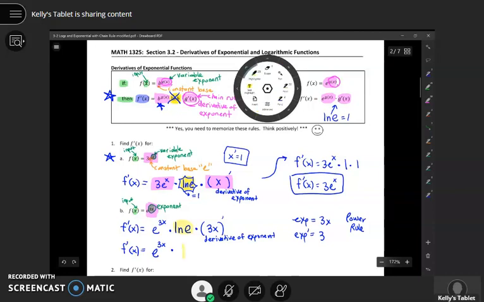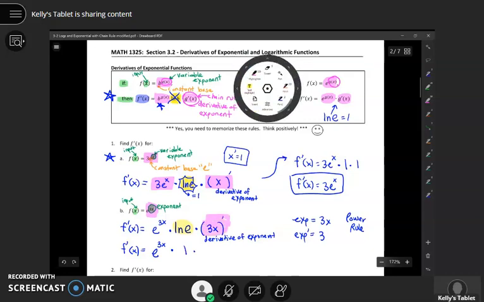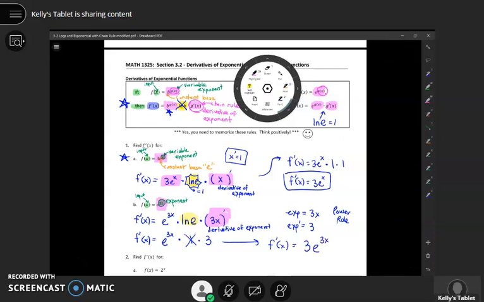So times 1 times the derivative of the exponent, that's just 3. So if I clean that up and rewrite everything here, order doesn't matter when I multiply. Multiplying by 1 doesn't matter. So I'm going to put the 3 in front of the e to the 3x just for clarity's sake. Okay.